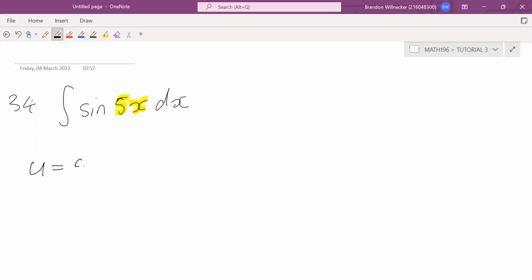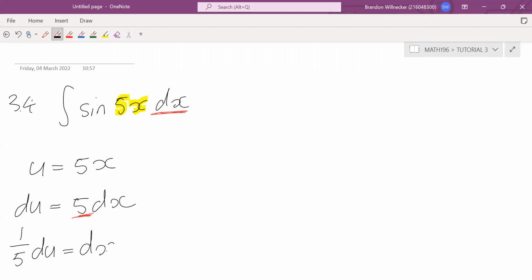So u is equal to 5x. du is equal to 5 dx. Okay, got a little problem here because we've got a 5 here, but we only have dx in the original expression. So we need to take that over. So we're going to have 1/5 du is equal to dx. Okay, and that's all we need.